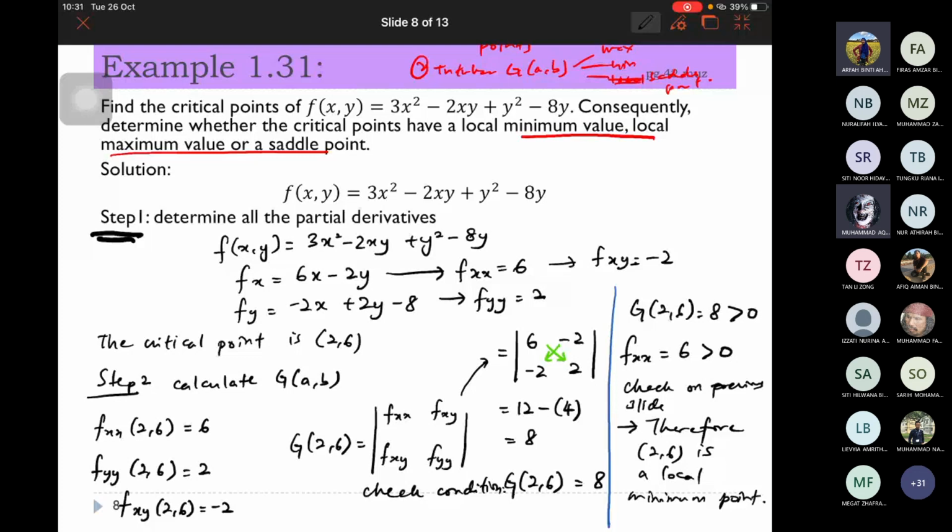Doktor, saya ada soalan doktor. Apa dia? Tanya. Kalau yang slide 3 kan, dia cakap FAB is said to have a local minimum kalau FAB tu less than.